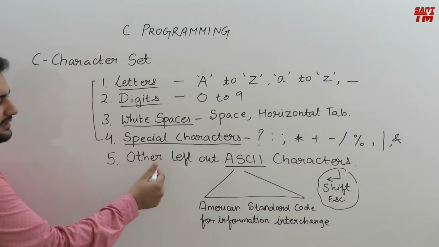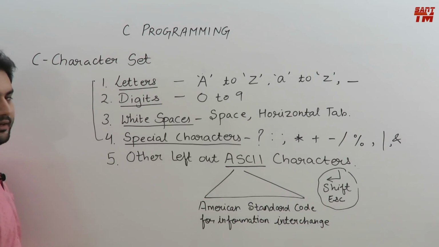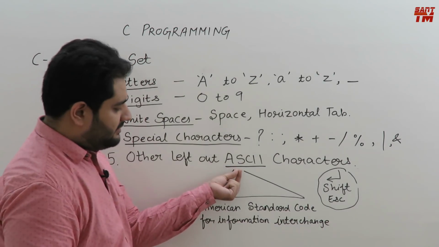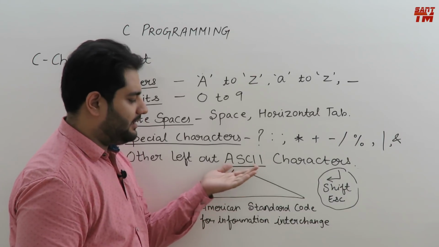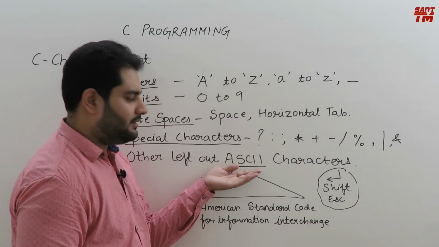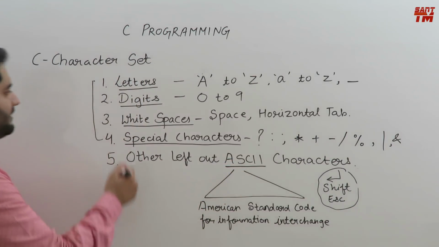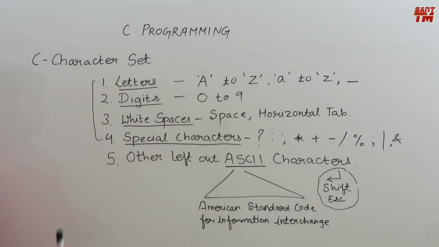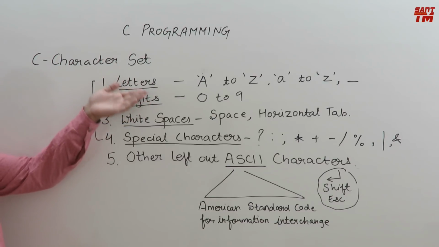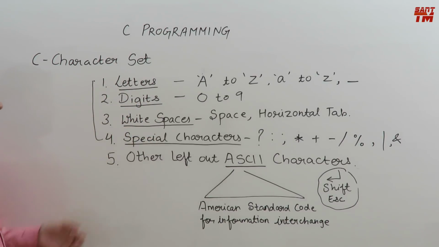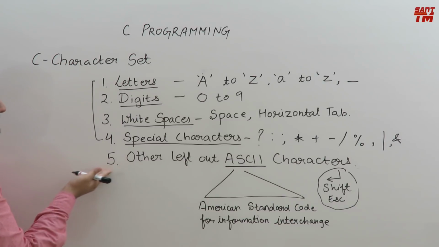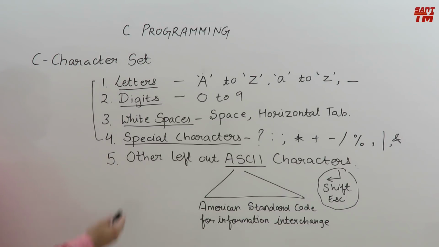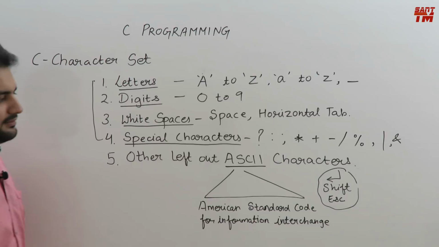Then come the other left out ASCII characters. This term is ASCII. We will learn about this later on. Now whatever we have covered in the first 4 categories, if characters are not present in these 4 categories, then they are surely present in the 5th category, that is other left out ASCII characters.